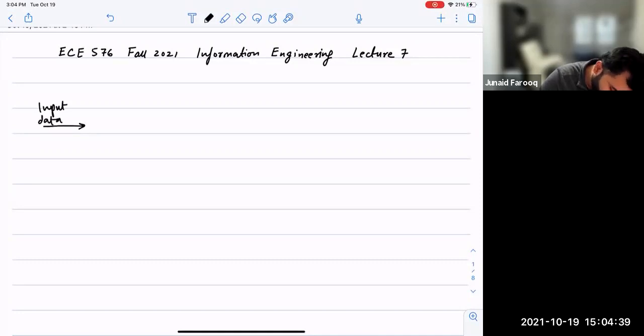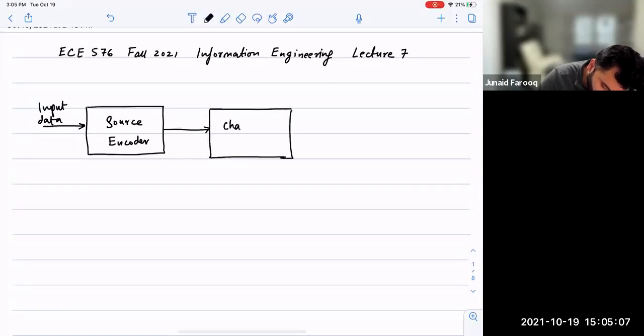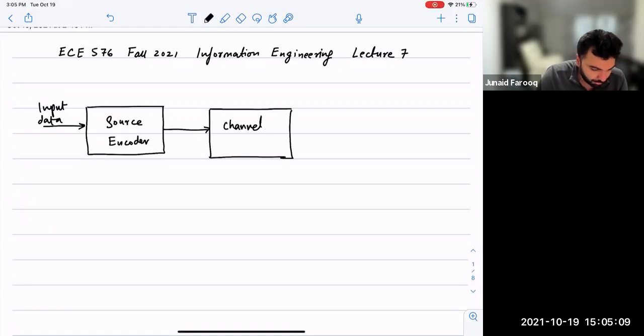So when we have an input data, it goes through a source encoder. Right, if you remember, this is the message S, and then that goes to a channel encoder. And today we are going to focus on this source encoder part because we've already seen what the channel encoder looks like.